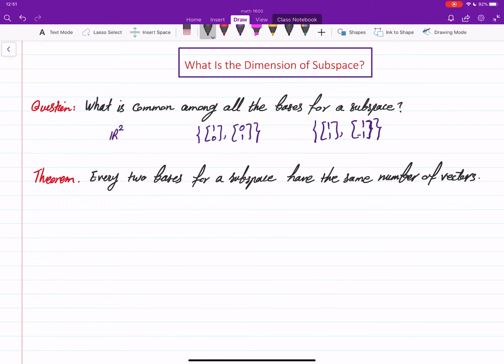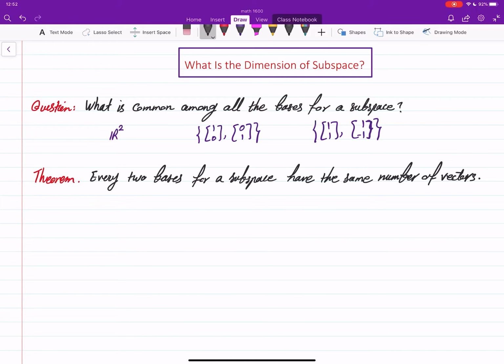The vectors themselves are completely random if you look at the vectors of different bases, but the number of vectors in all of the bases for one subspace is going to be the same.